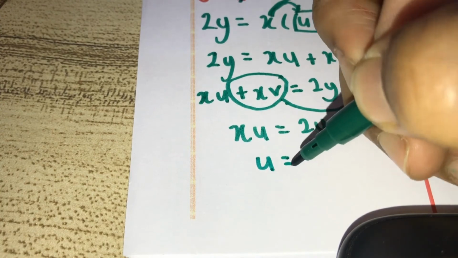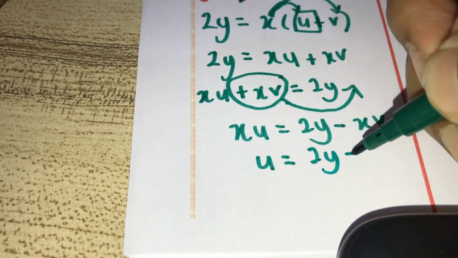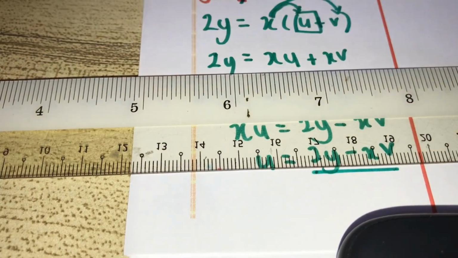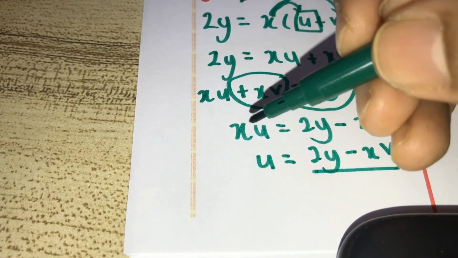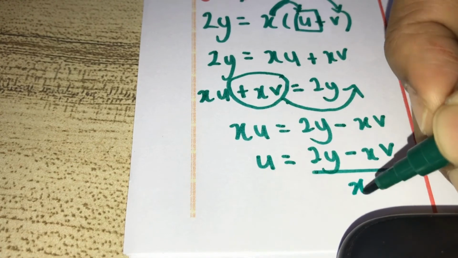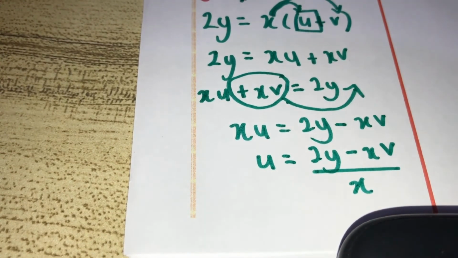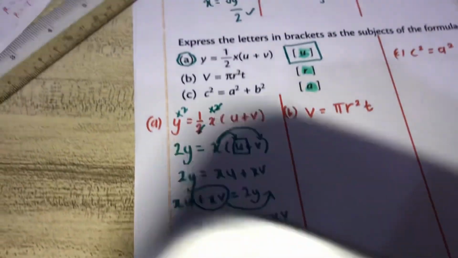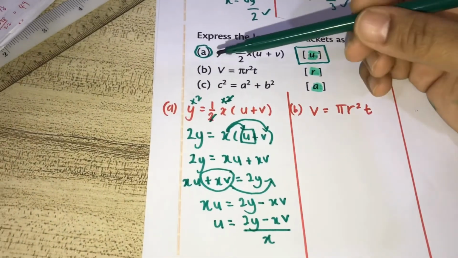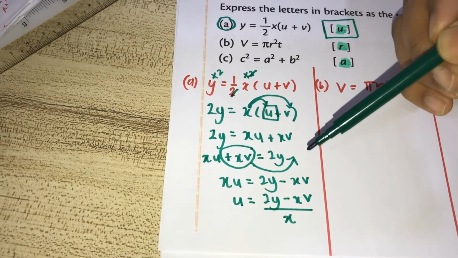This x, bring to the right becomes divide, so u equal to 2y minus xv over x. So finish. This is the answer for question A. For the working for question A, u as the subject formula, you must follow this step.